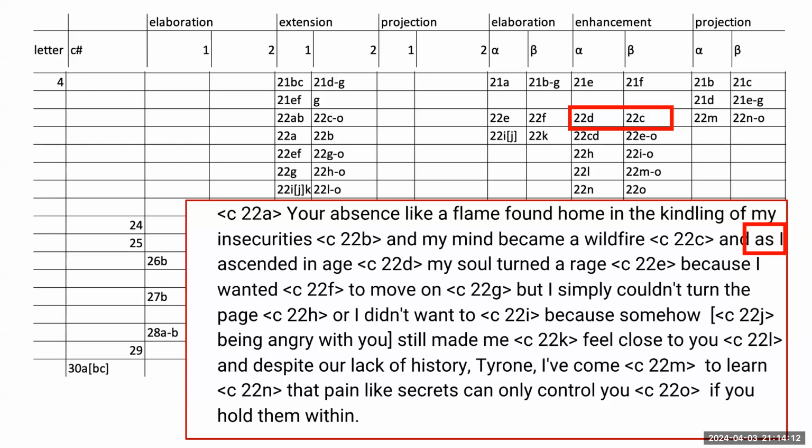C. As, okay, C is the beta of the hypotactic. As I ascended in age, D, my soul turned to rage. Because, okay, as I ascended in age, my soul turned to rage because, and then E through the rest of it.